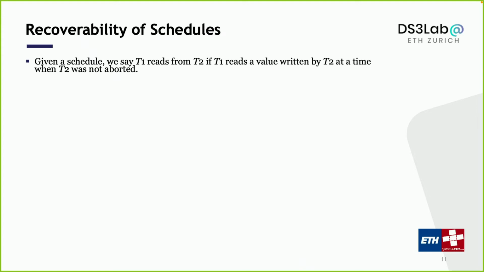Okay? Essentially, T1 reads from T2, meaning that T2 updated that value and T1 read it after it, and at that point, T2 is still there. This is the definition of T1 reads from T2. So given this, you can define different families of schedules, and each one of them has different recoverability properties.